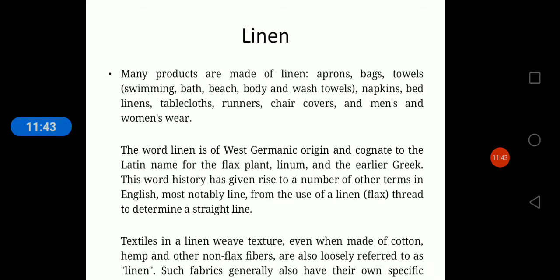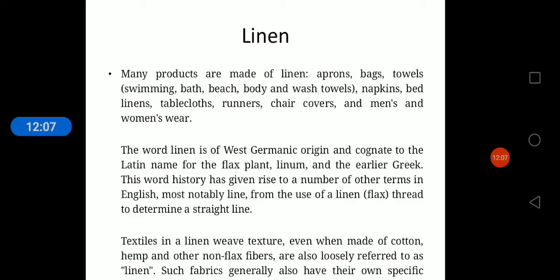Many products are made of linen: aprons, bags, towels, swimming and beach towels, body and wash towels, napkins, bed linens, tablecloths, runners, chair covers, and men's and women's wear. The word linen is of West Germanic origin and cognate to the Latin name of the flax plant, linum, and the earlier Greek.